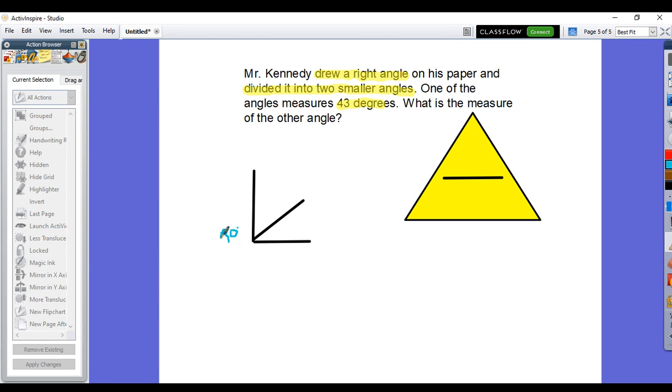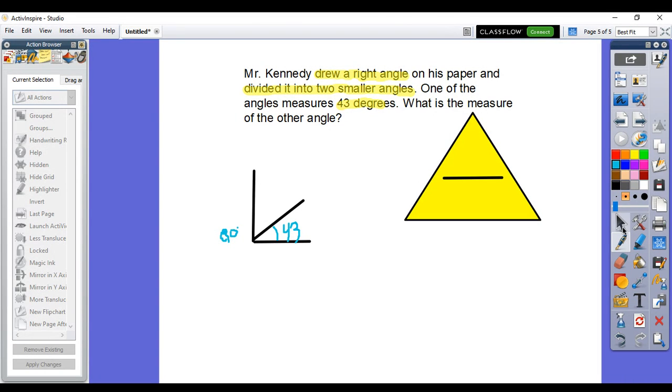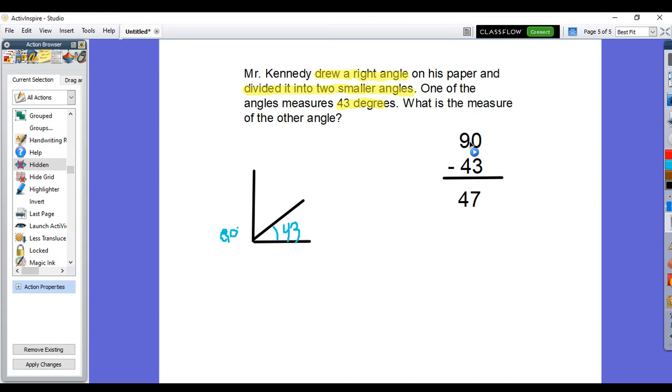Let's fix that. All right, there we go, 90-degree angle. And I have an angle that is 43 degrees. So if I take 90 minus 43, I will get 47.